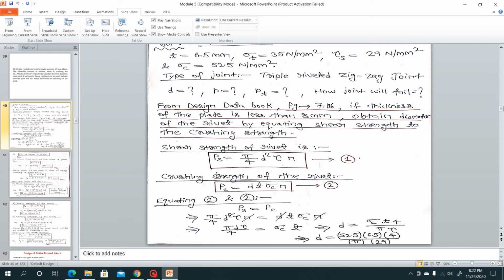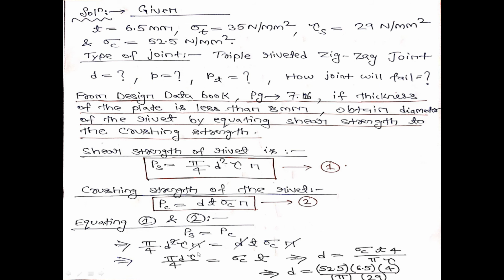Shear strength, I know, is pi by 4 d square tau into n, and crushing strength is d into t into sigma c into n. So equate PS with PC: pi by 4 d square tau into n is equal to d into t into sigma c into n. n cancels, and one d and this d get cancelled.